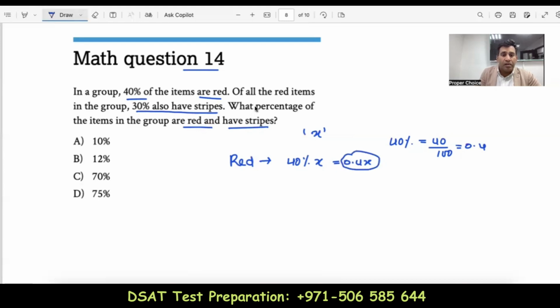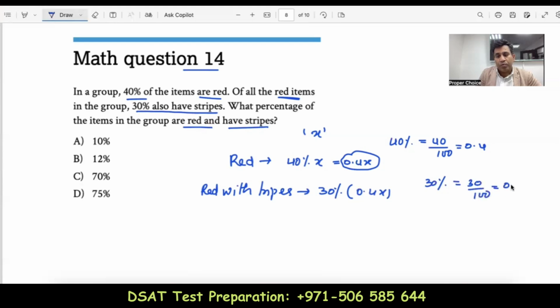Now, of the total number of red items, 30% also have stripes. Now I'm going to talk about red with stripes. How many? 30% of the total red. So as I say, 30% is the same as 30 by 100, which is the same as 0.3.